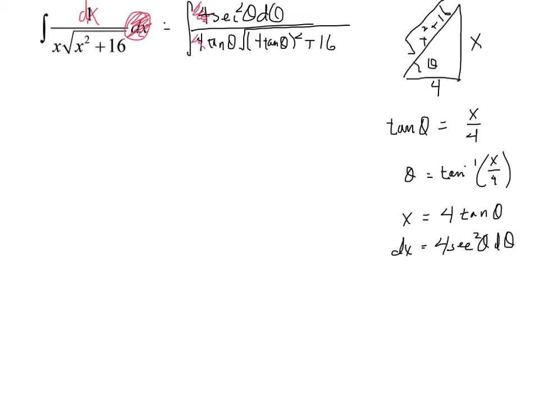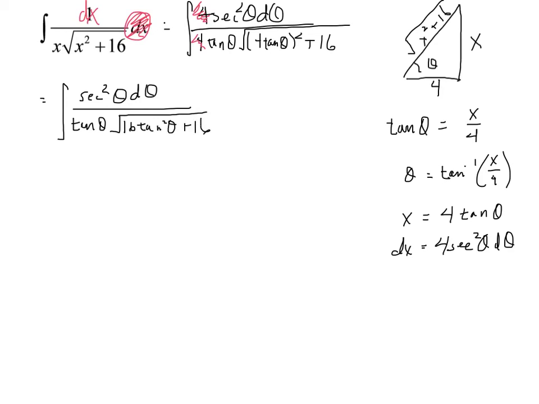So let me rewrite this maybe a little bit neater. Got secant squared theta d theta over tangent of theta multiplied by, and let's square that, so 16 tangent squared theta plus 16. I'm going to factor a 16 out.